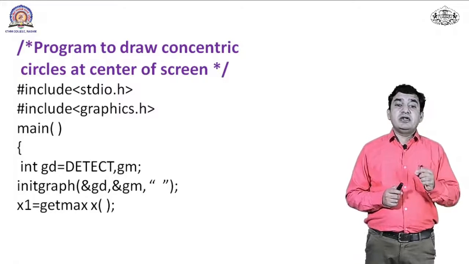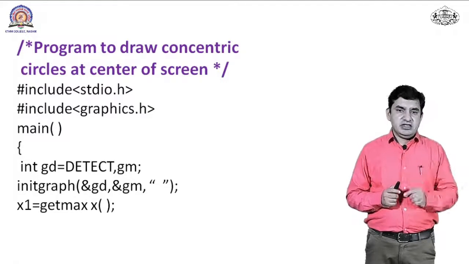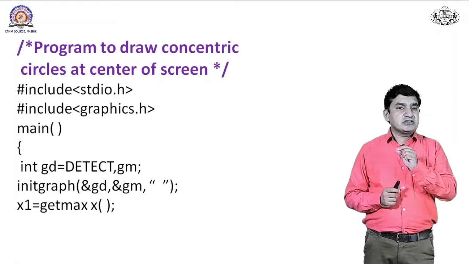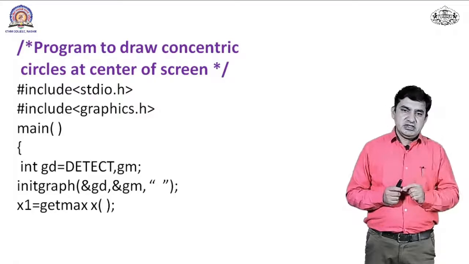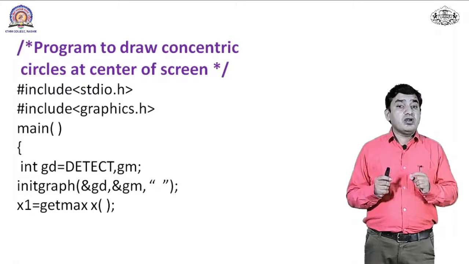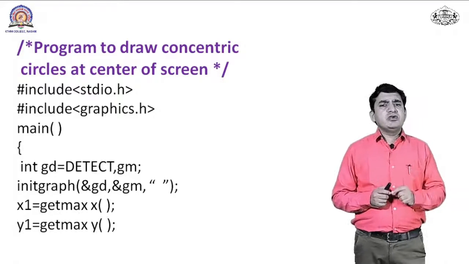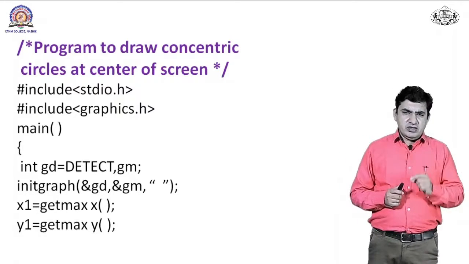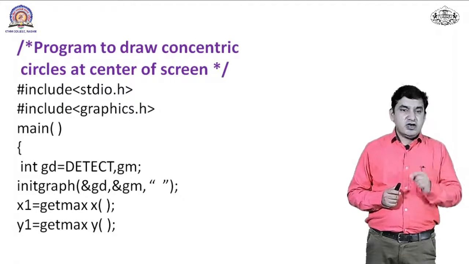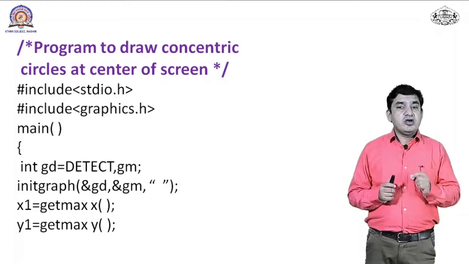x1 is equal to getmaxx. This indicates that the value x1 is the maximum value of x along the x axis, which is at the right corner of the screen. y1 is equal to getmaxy, which is the maximum value of the coordinate of a pixel along the y axis.